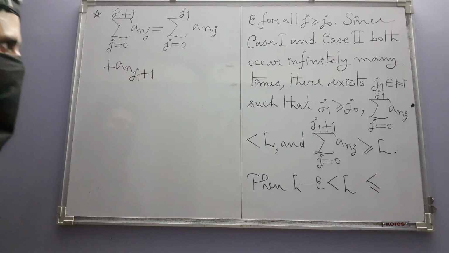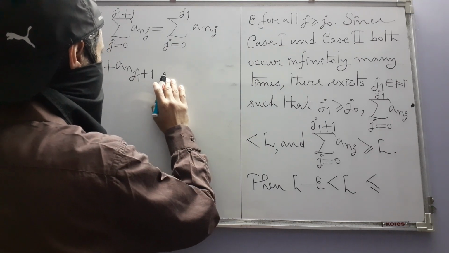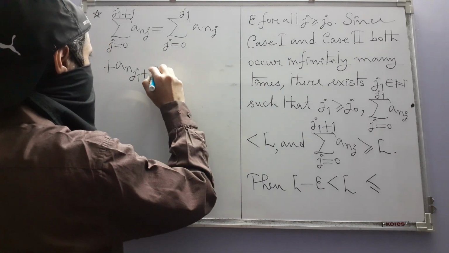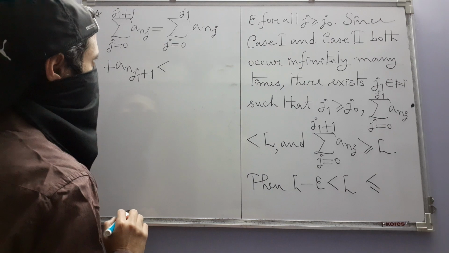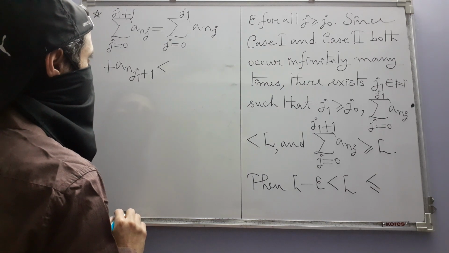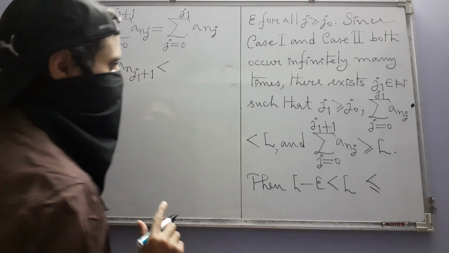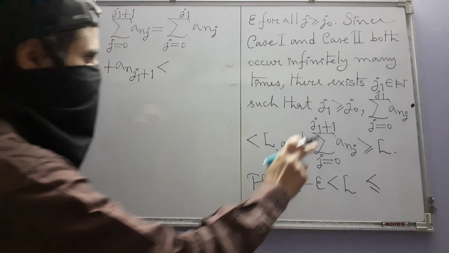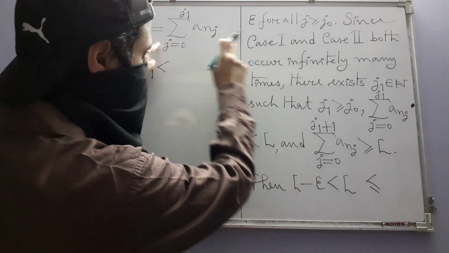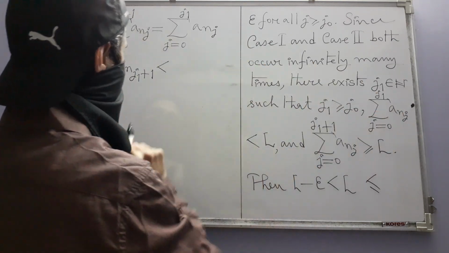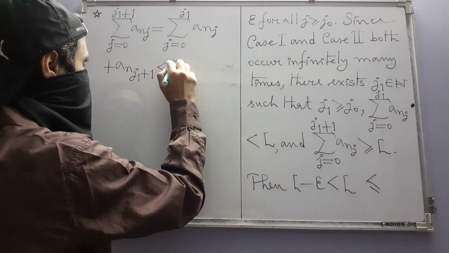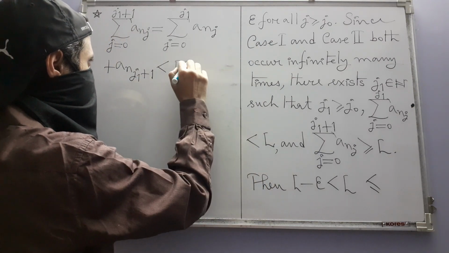Now, if I write another inequality that this is less than, and first you note this. We already know that this sum is less than L. So, in its place if I write L, that means I am writing more.